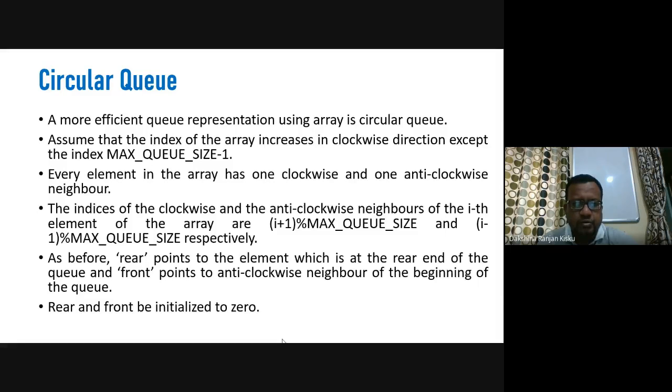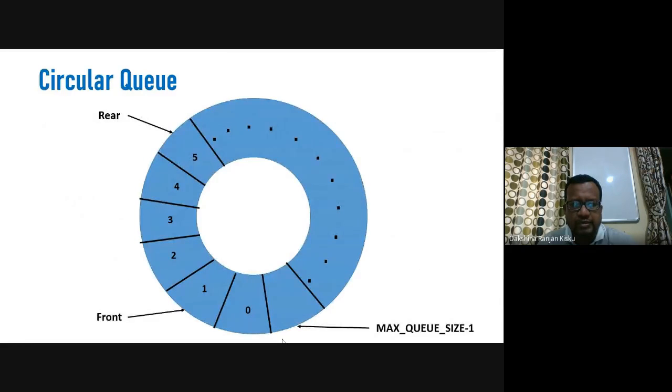Okay, so we can have a more efficient queue representation than linear queue, which is called circular queue. Okay, now we will assume that the index of the array increases in clockwise direction except the index max q size minus 1.